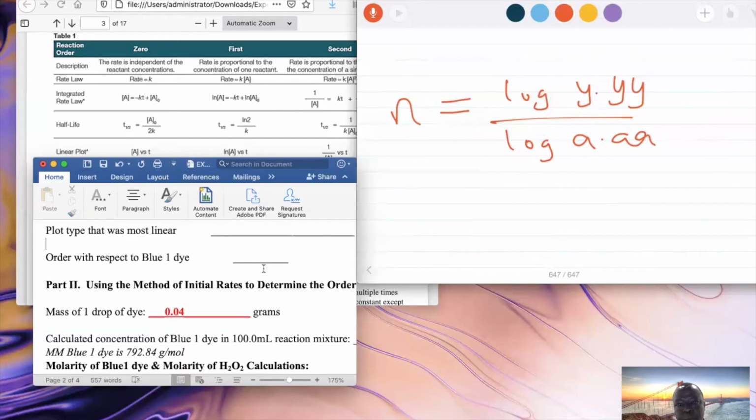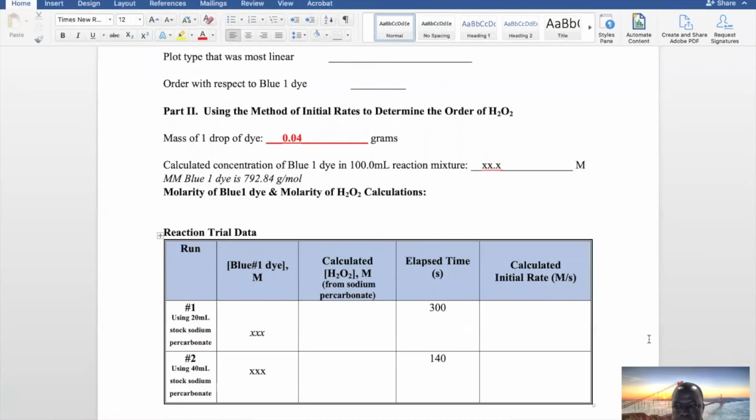So at this point, you should have the reaction order with respect to each reagent, that is blue 1 dye and peroxide.